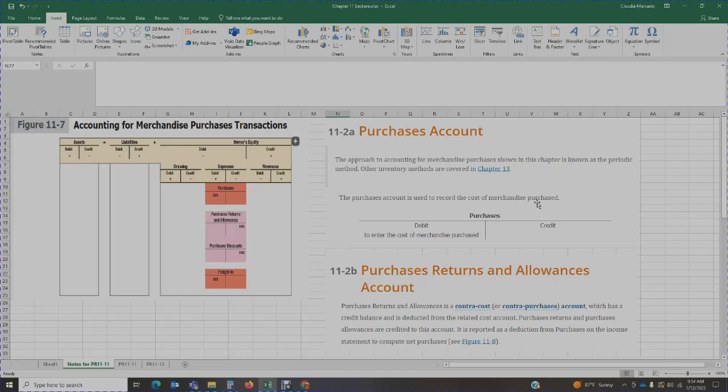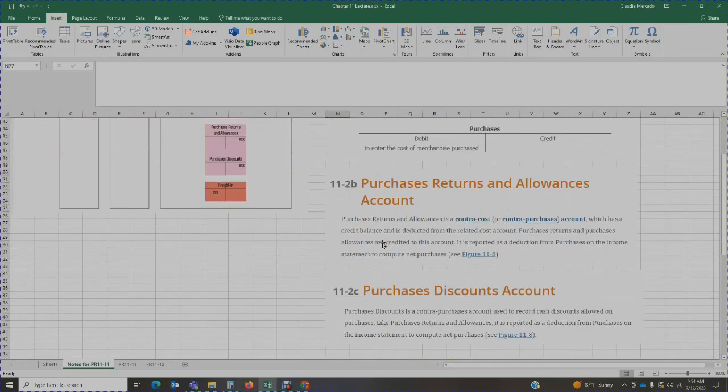So when we go out there and we buy in bulk, or we buy from the different suppliers, we make a purchase. When we make a purchase, the purchases account is going to be debited. It's an expense. We are having to pay for goods. So it's an entry to the debit side of the accounting equation for the purchases account.